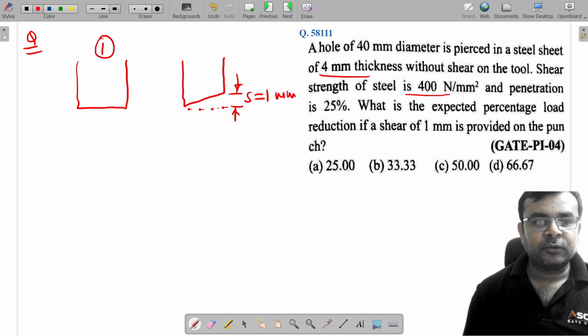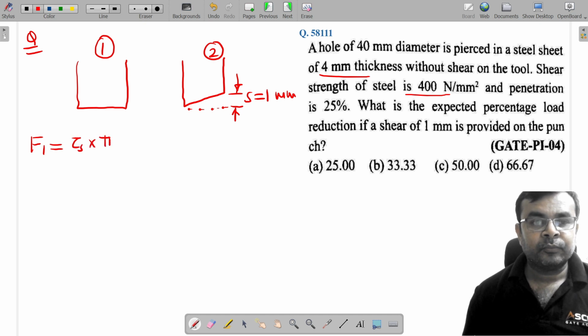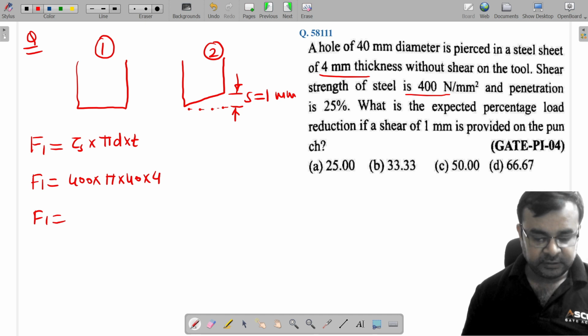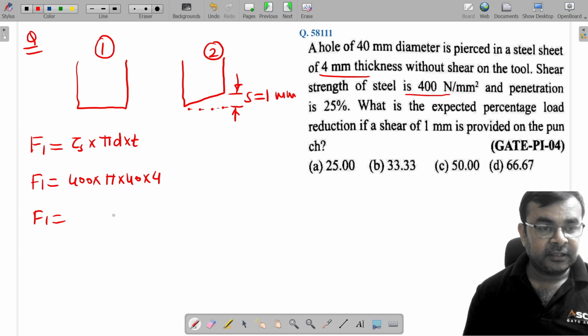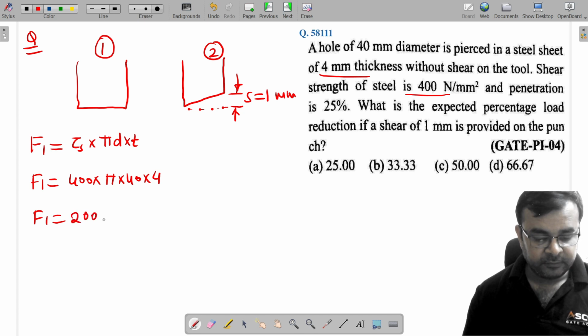So this is case 1 and this is case 2. First we calculate the load for case 1. This is shear strength into the hole area, so pi d into t. F1 can be written as 400 into pi into 40 into sheet thickness 4. So F1 is simply 400 into 3.14 into 40 into 4, and here I am writing in Newton only, so 20960 Newton.